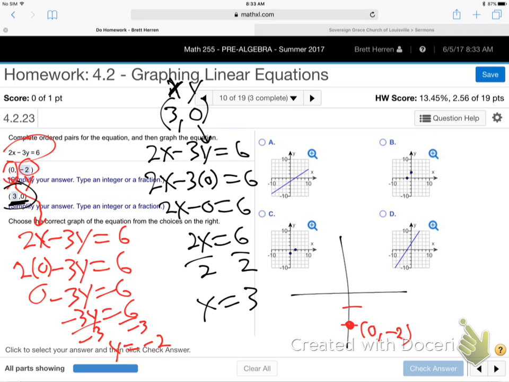And the other one, over 3, up 0. Like that. Those are 2 dots, we good? And then connect the dots. There's the line. So it's A, isn't it?